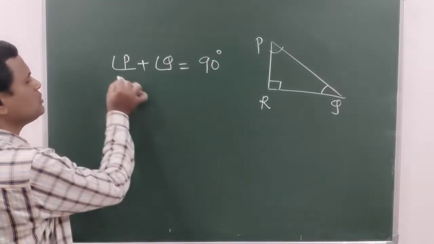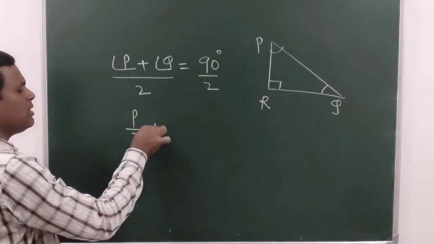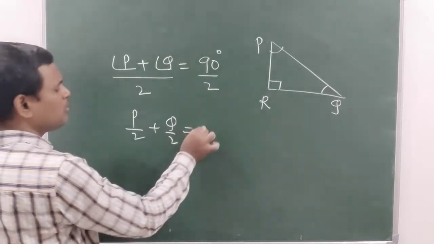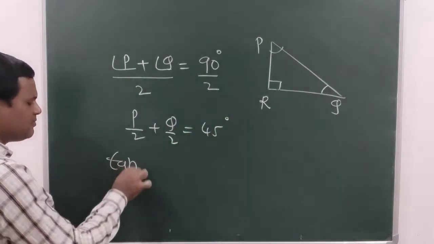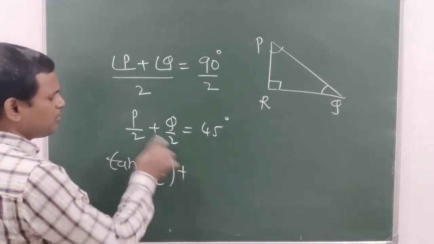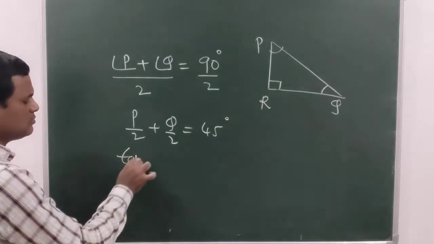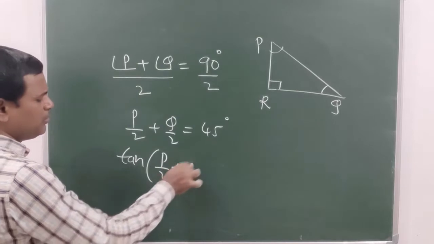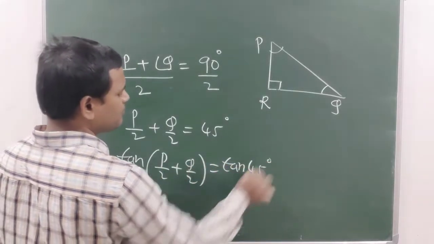So now divide both sides by 2. So here you get P by 2 plus Q by 2 is equal to 45 degrees. Now apply tan on both sides. So what do we get? Tan of P by 2 plus Q by 2 is equal to tan 45.